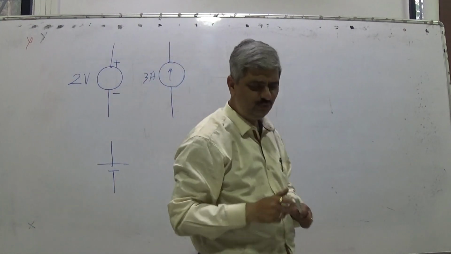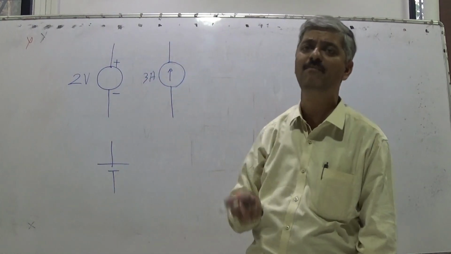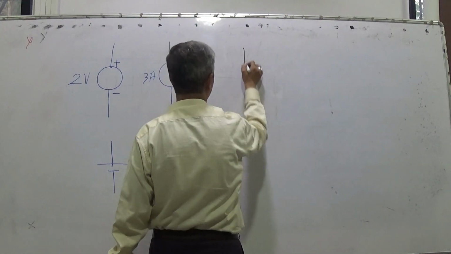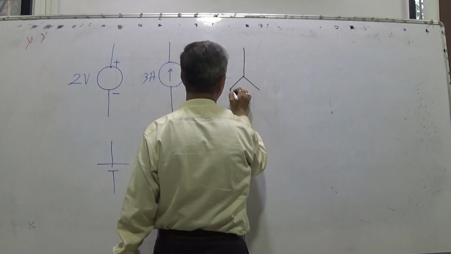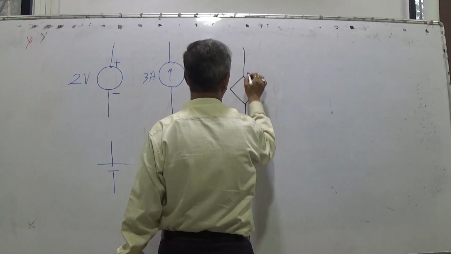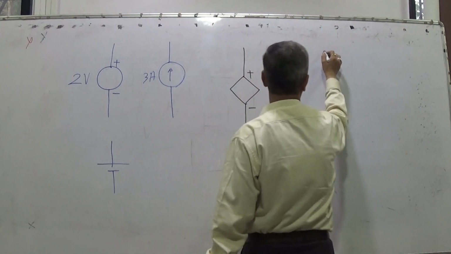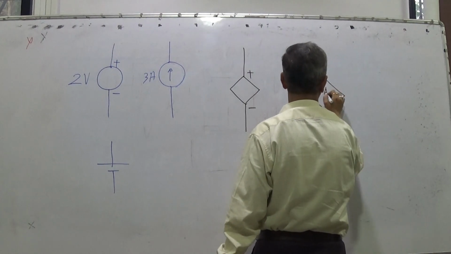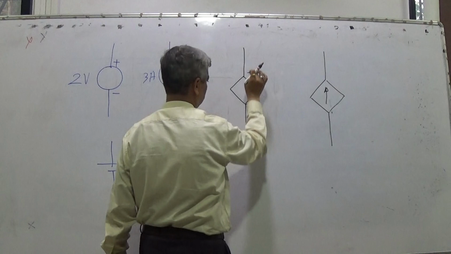Now to differentiate from an independent source, the dependent source is shown by such a bracket, for voltage source and current source. So this is positive, this is negative.